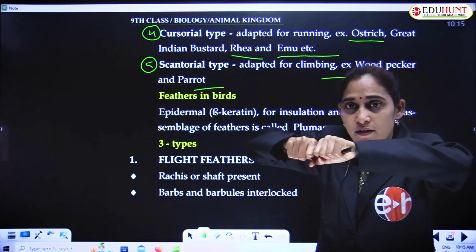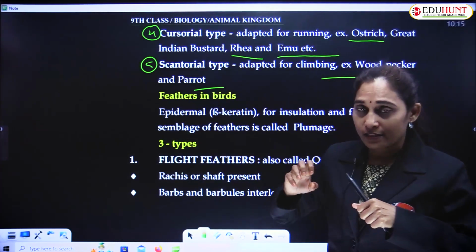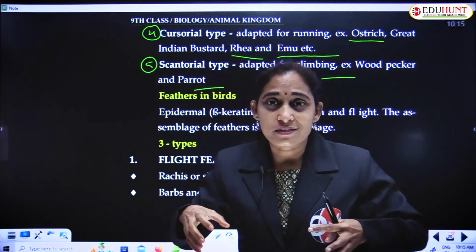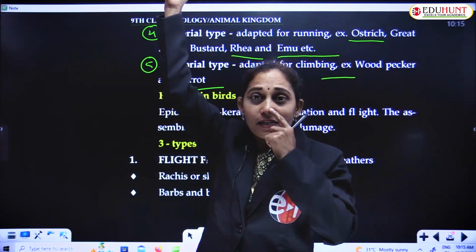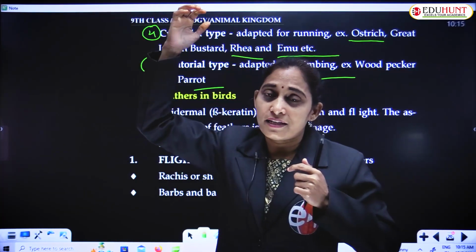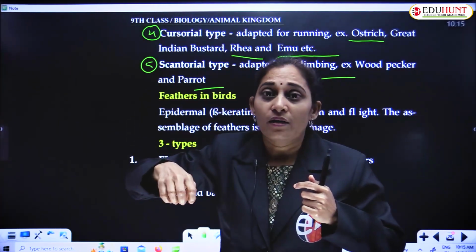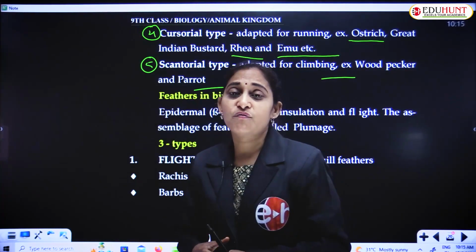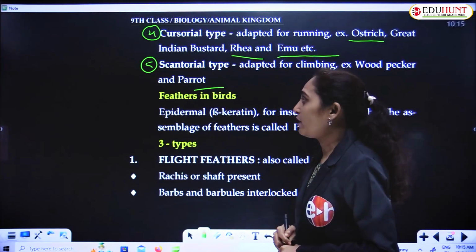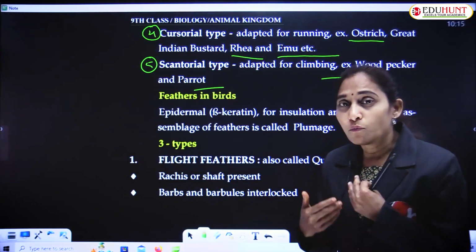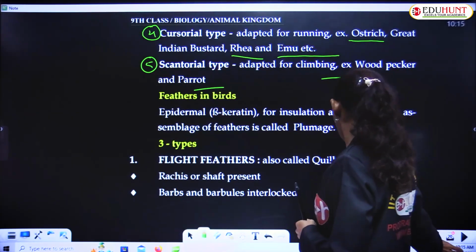Some birds have feet adapted in such a way that, seeing prey from high in the air, they catch it immediately with the help of these feet only.